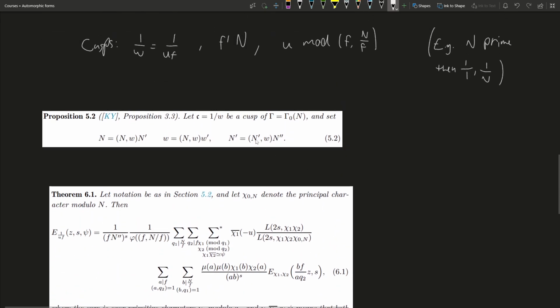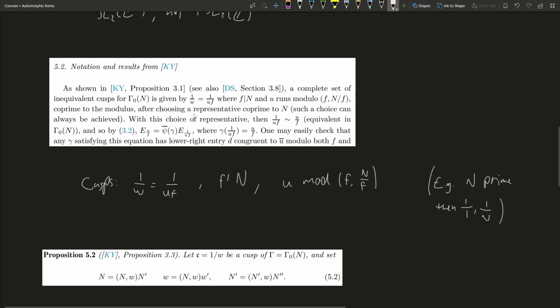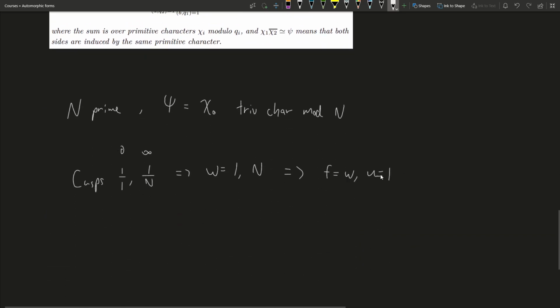Here f and u are these things. 1 over w is 1 over uf, and u has to be mod the GCD of f and n over f. So if f is 1, then it's the GCD of 1 and n, which is 1. If f is n, then it's the GCD of n and 1, which is also 1. So in both cases, u is 1 and w is f. Okay?